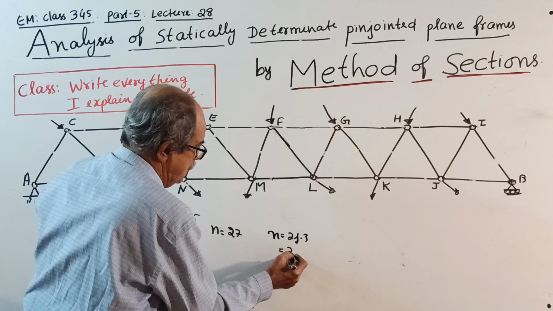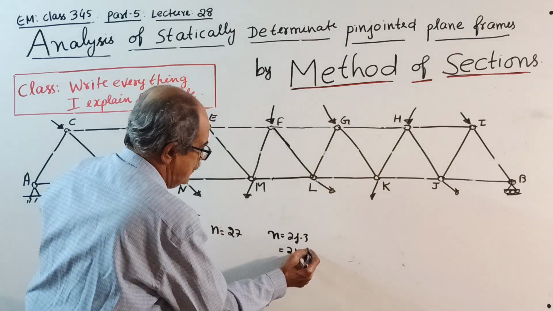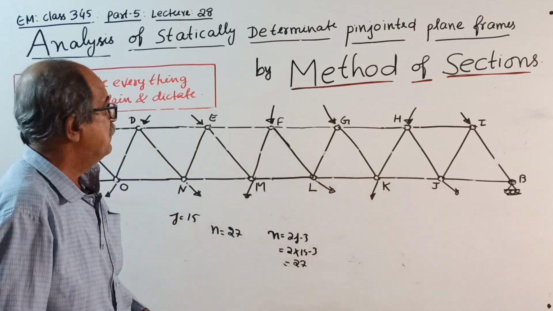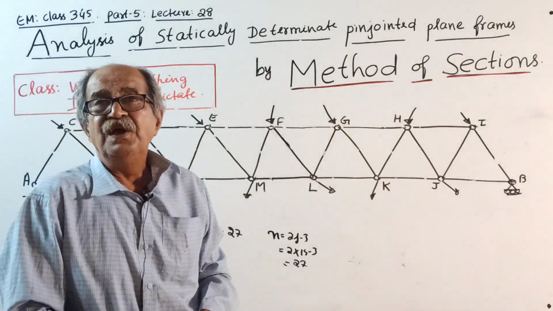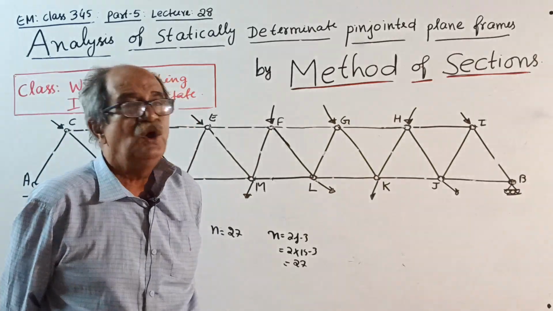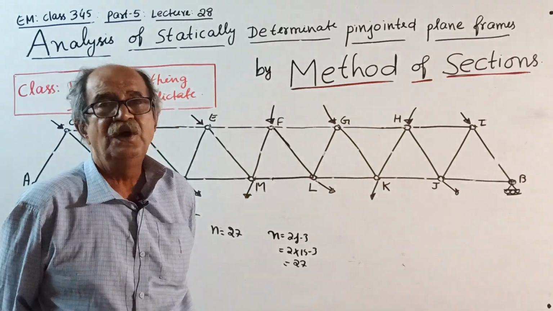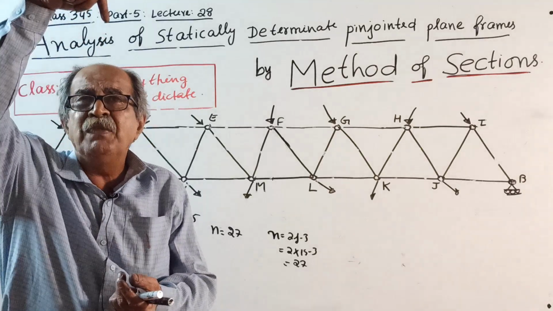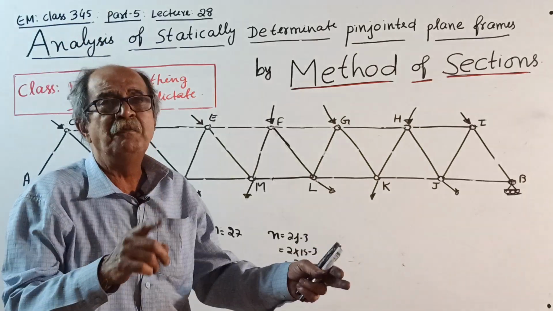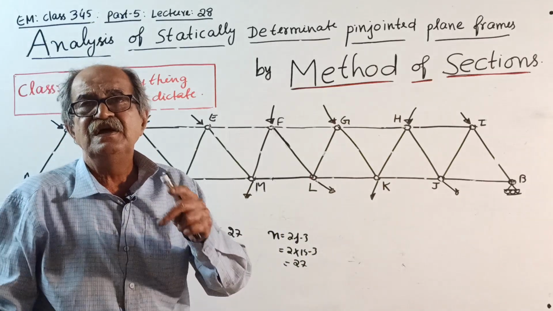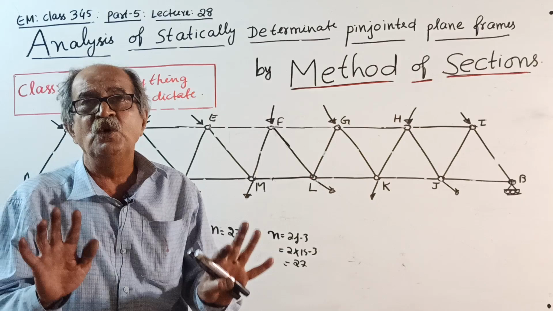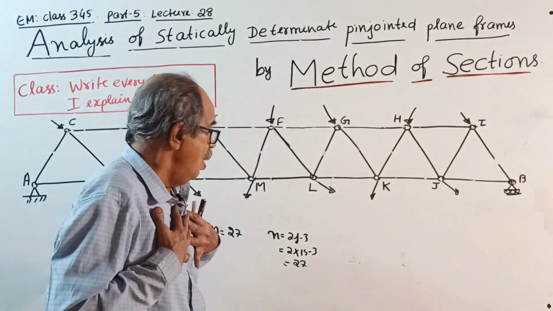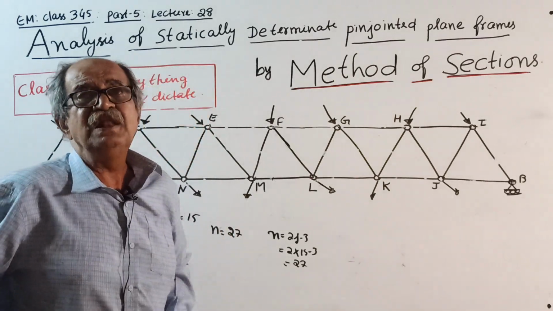Substituting 2 times the number of joints, 15, minus 3, gives 27, tallying. But one special case is a pin-jointed plane frame with 2 hinged supports, where at one hinge support only one member is attached and no member connects the 2 hinges. That also is a perfect frame, I told already. Special cases later.